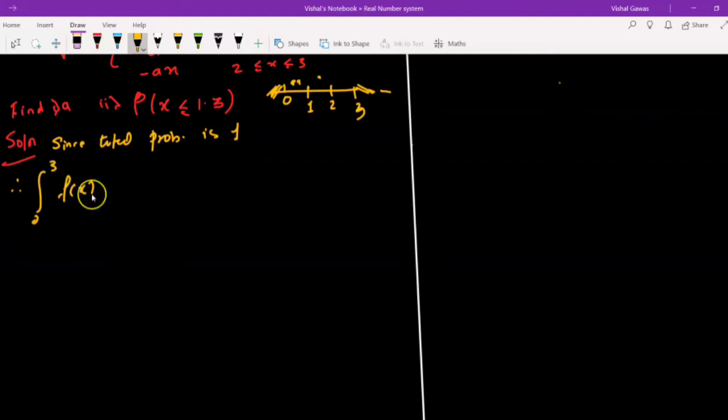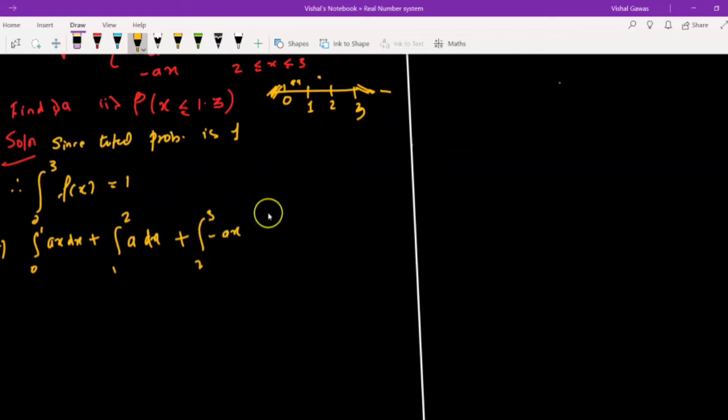So let's break this integral: 0 to 1, it's ax dx, plus 1 to 2, it's a dx, and from 2 to 3, it's minus of ax dx.